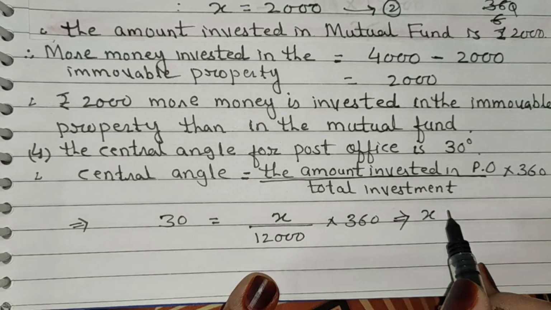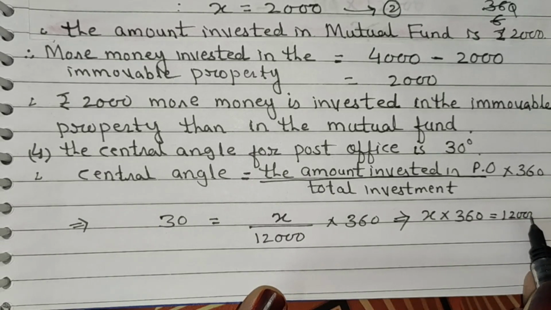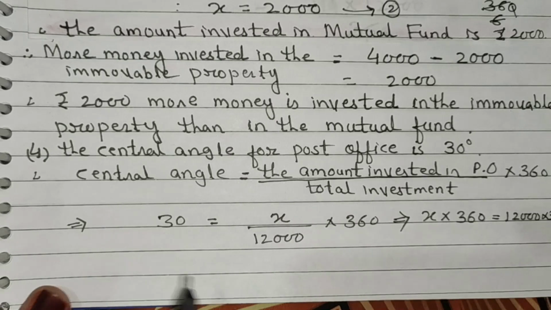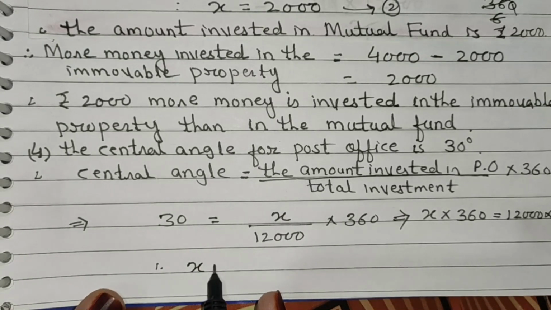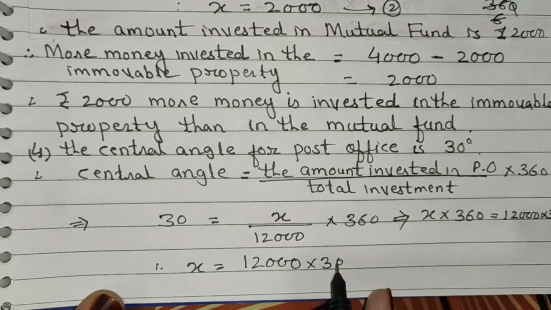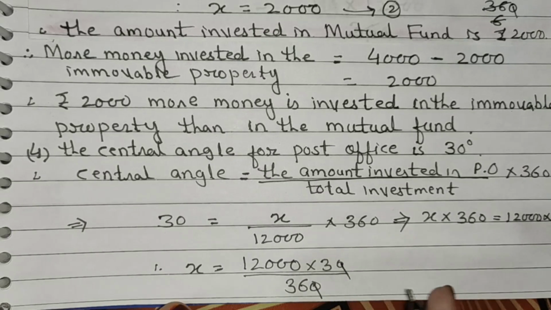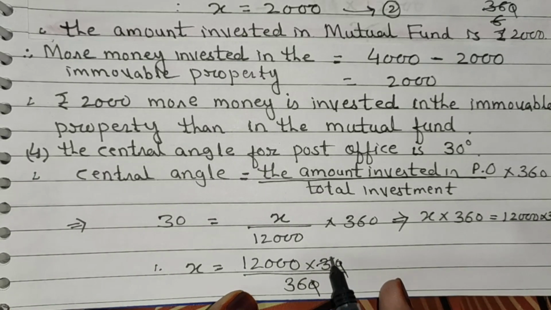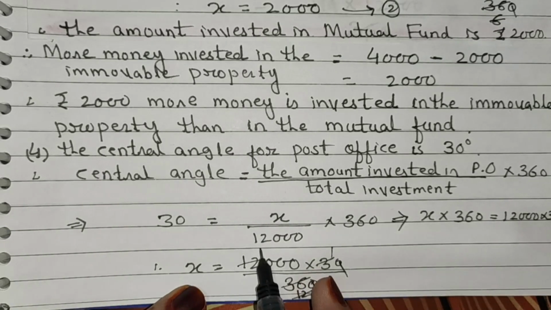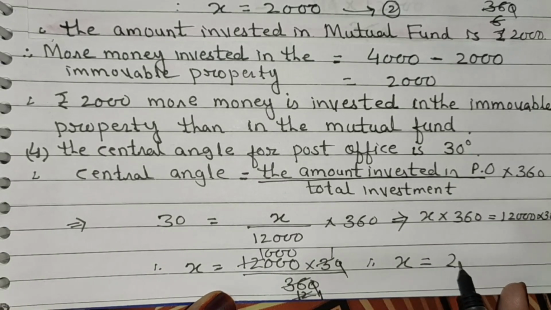Now cross multiply here, we get x into 360 is equal to 12,000 into 30. Therefore the value of x is equal to 12,000 into 30 upon 360. Now 0 0 cancel, 3 1s are 3, 3 2s are 12, and 3 0. Now we get here the value of x is equal to rupees 1,000.